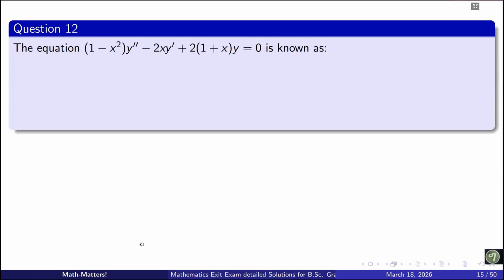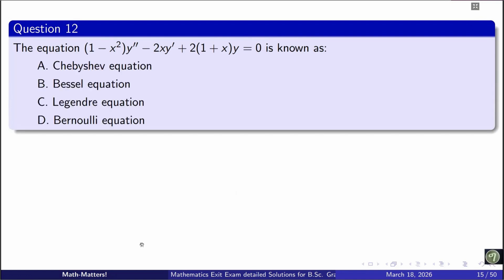Next question. The equation (1 minus x squared) y double prime, or simply y second derivative, minus 2x times y derivative plus 2 times (1 plus x) y is equal to 0 is known as: A. Chebyshev equation, B. Bessel equation, C. Legendre equation, D. Bernoulli equation.